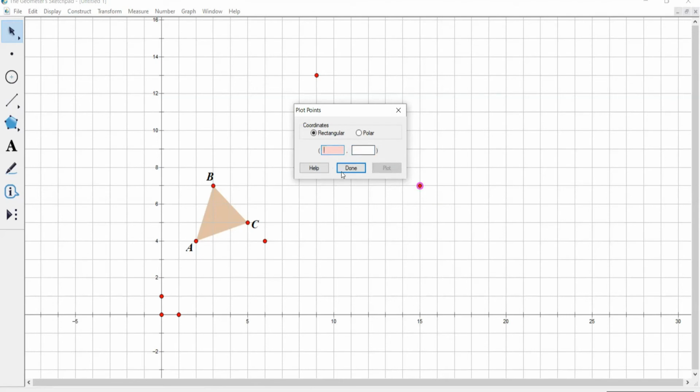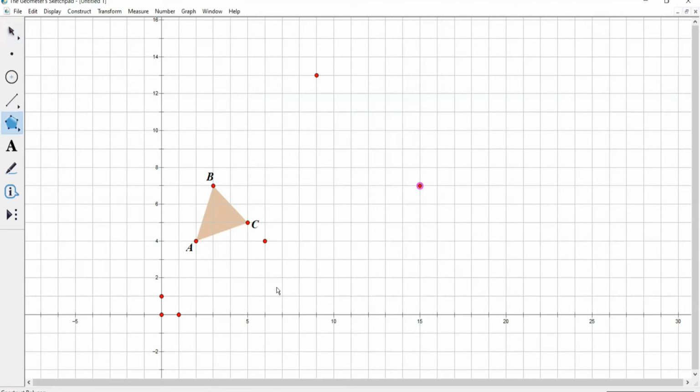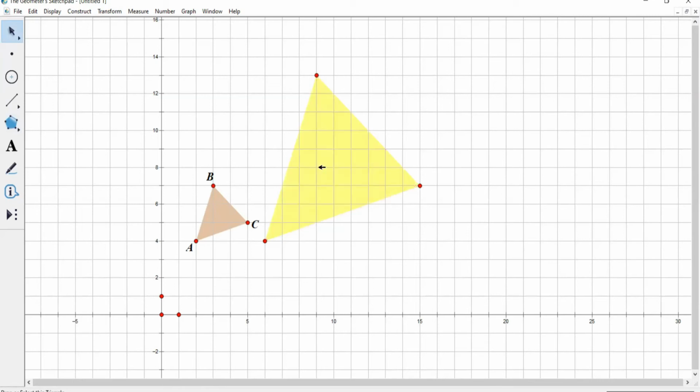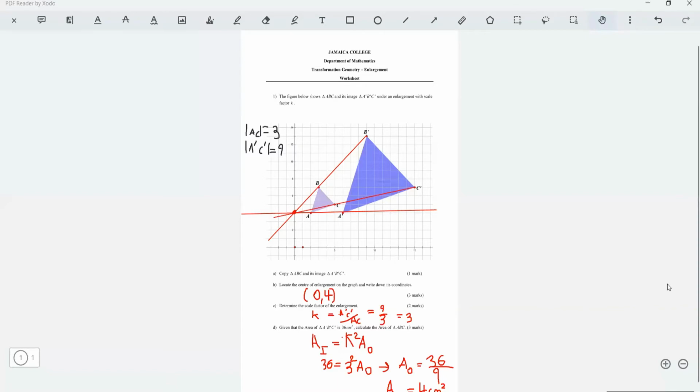All right. Now that we're good, we can create the triangle. Now remember, we wanted to show that this right here is double this area. So first we're going to measure this area. We did work it out and get an area of 4.